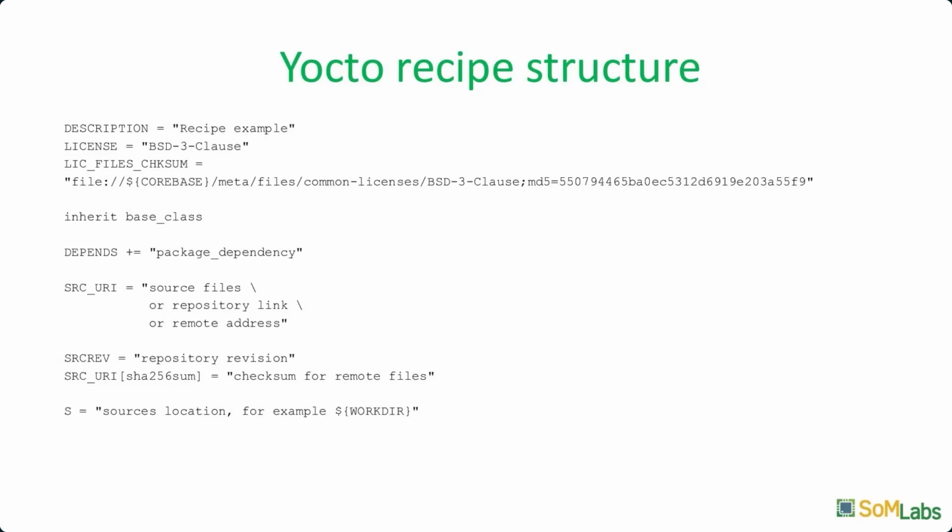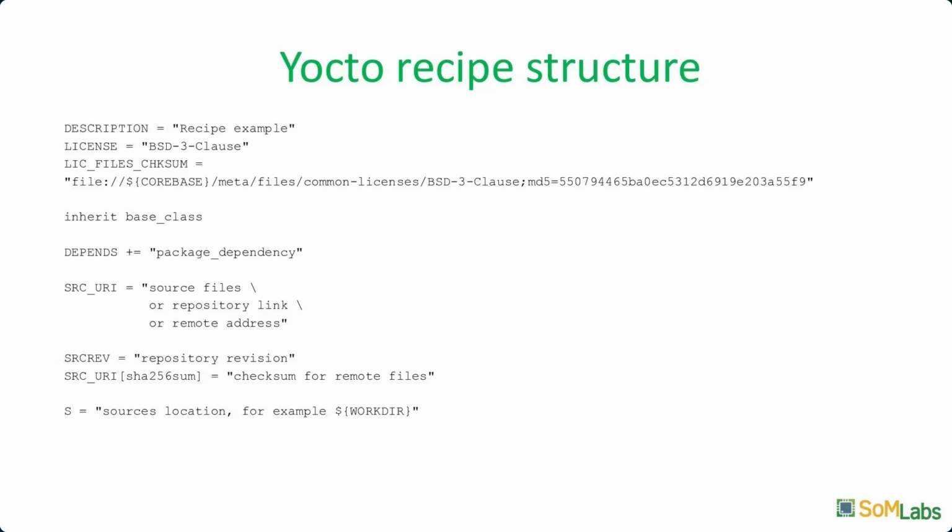Each recipe also looks very similar. So here we can take a look at a more descriptive recipe file with some commonly used variables and procedures. So when we look into a BB file, we always find some header with description, license, and we can also add the inherit of the base class there.